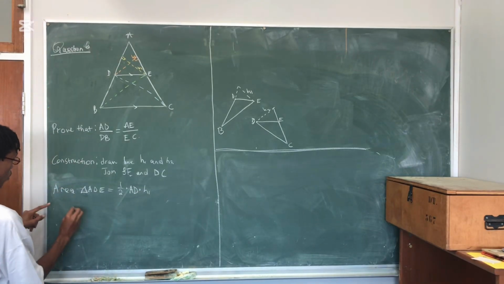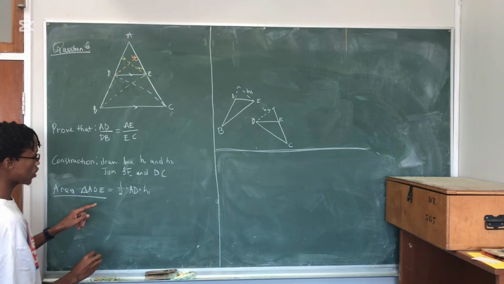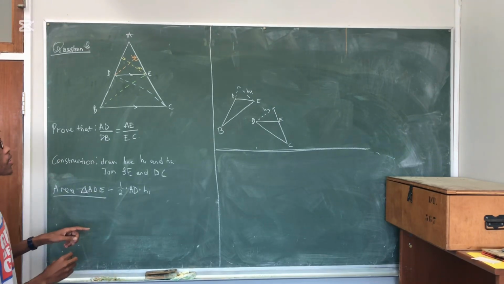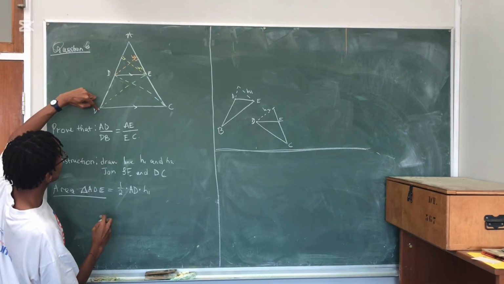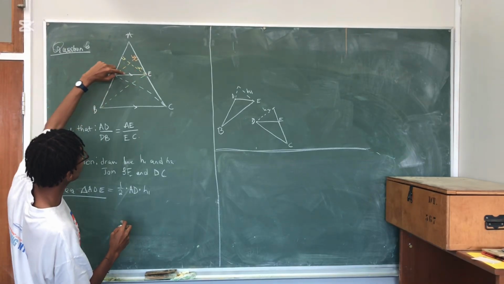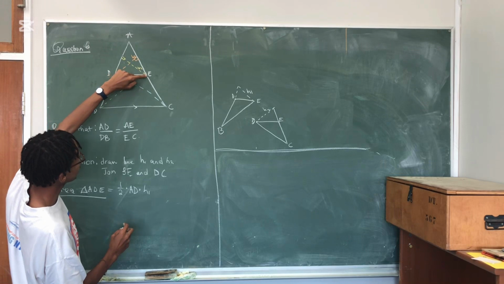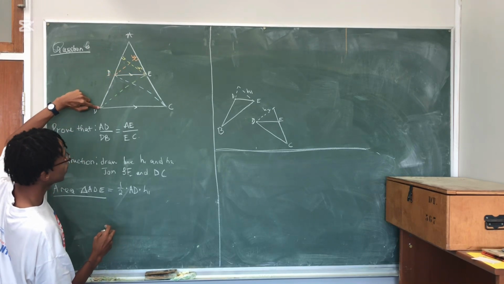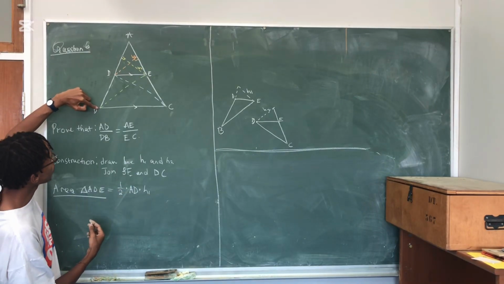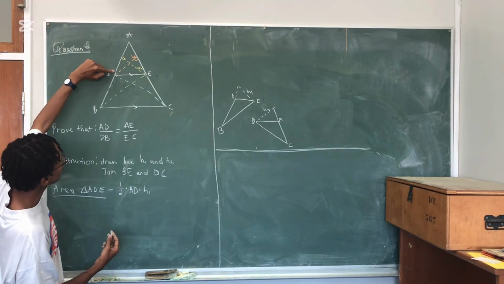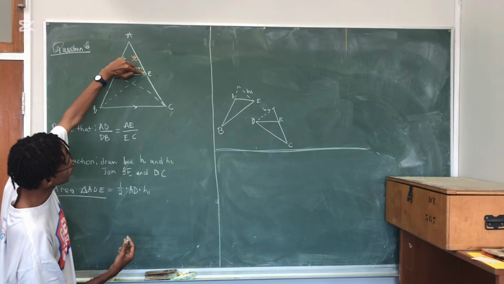We also want another triangle that has a height of H1. This triangle BED, remember, some triangles we need to draw the height outside of the triangle. So this triangle BED has a height of H1 outside.